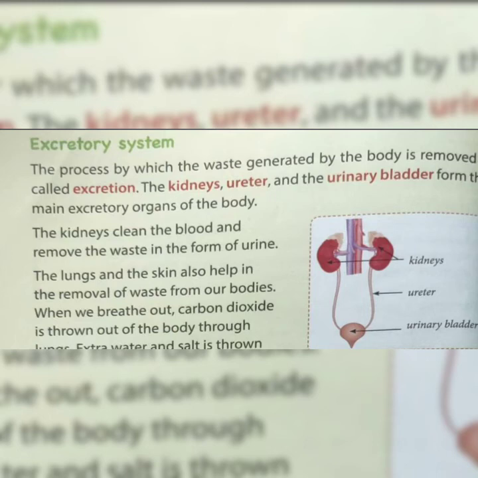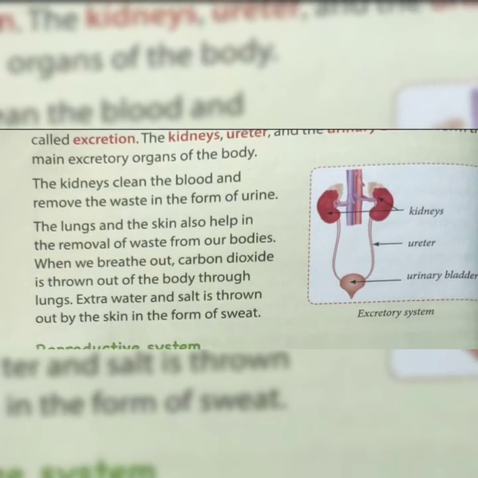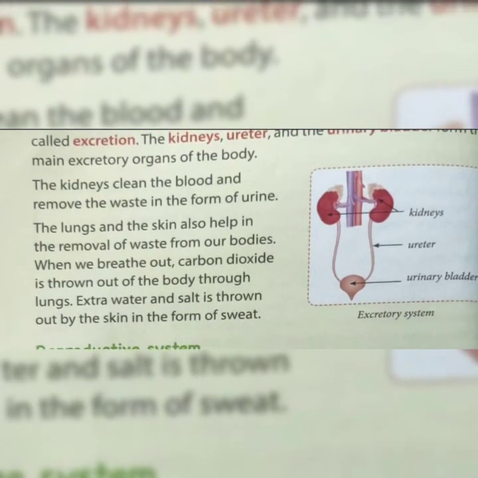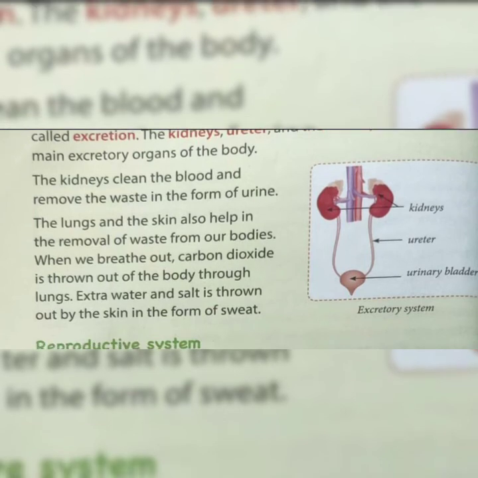The kidneys clean the blood and remove the waste in the form of urine. The lungs and the skin also help in the removal of waste from our bodies. When we breathe out, carbon dioxide is thrown out of the body through the lungs. Extra water and salt is thrown out by the skin in the form of sweat.